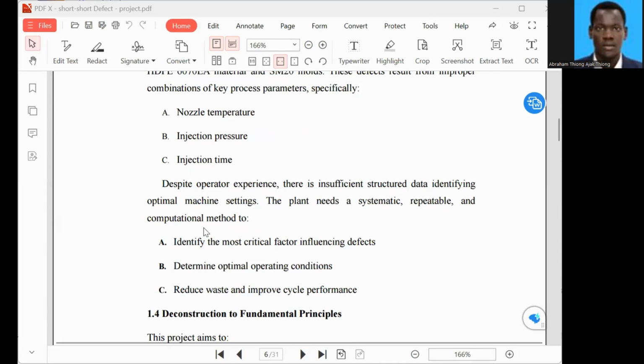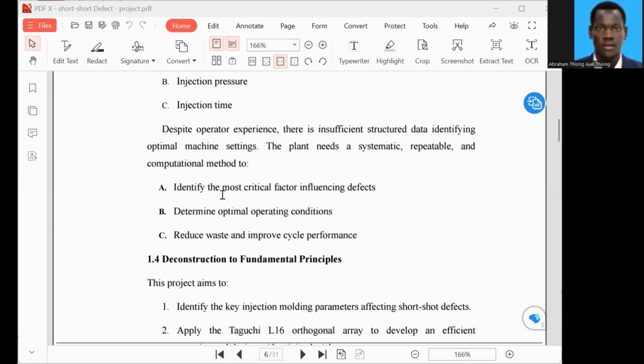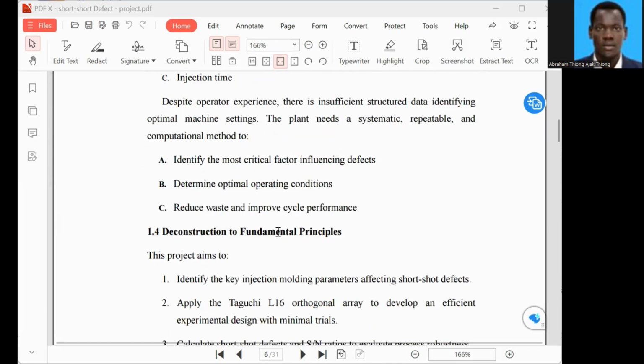So we need a systematic, repeatable, and computational method to identify the most critical factors influencing the defects, and also determine the optimal operating conditions, and also reduce waste and improve cycle time performance.